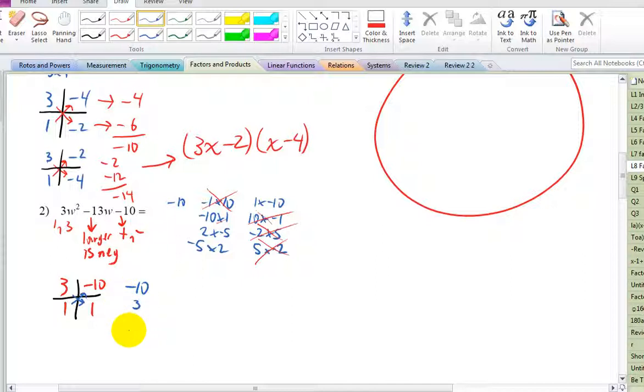This would give you 3. That will give us a negative 7. Is that going to work? Nope. Okay, so let's flip the direction. So we'll have 1 and negative 10. That's going to give us 1 and negative 30. Is that going to work? No. So is it 1 and negative 10? So what should we try then?